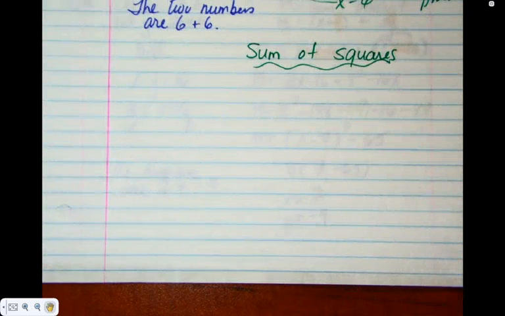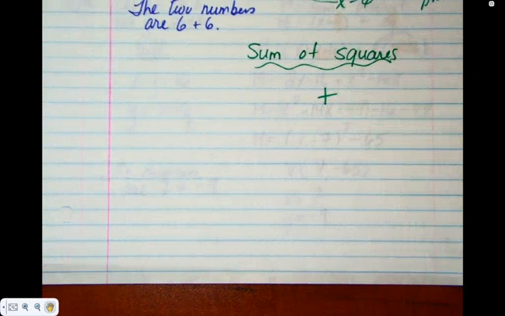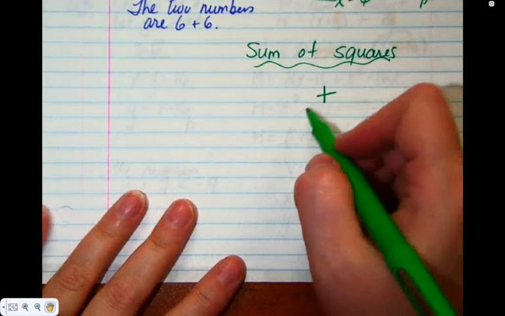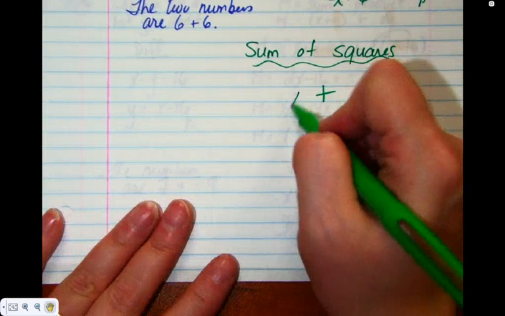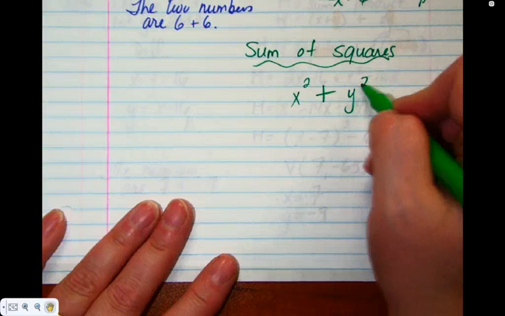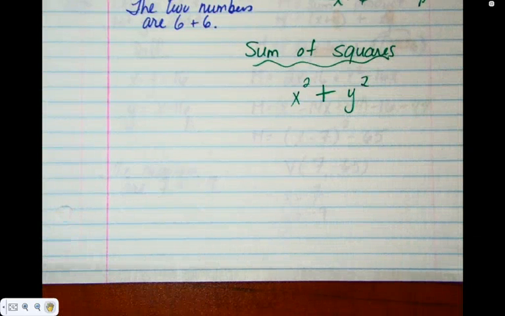What does sum mean? What does squaring mean? So how would I show the sum of the squares of the two numbers? X squared and y squared. Okay, so when you get to that question, that's what you'll have on the right-hand side. That's the sum of their squares.